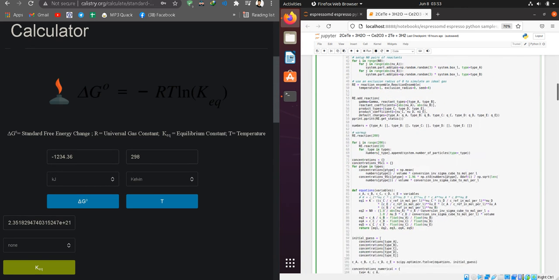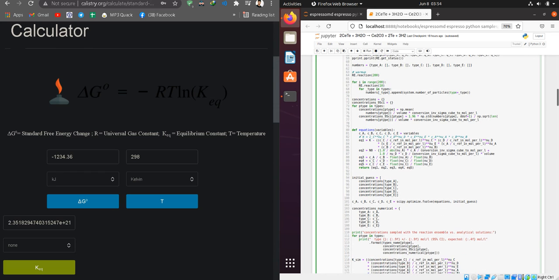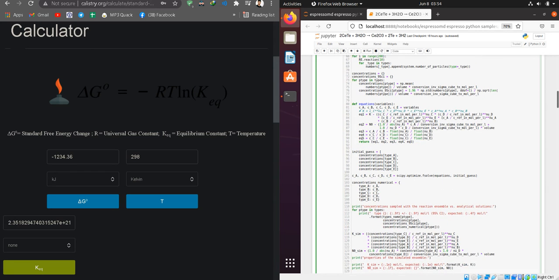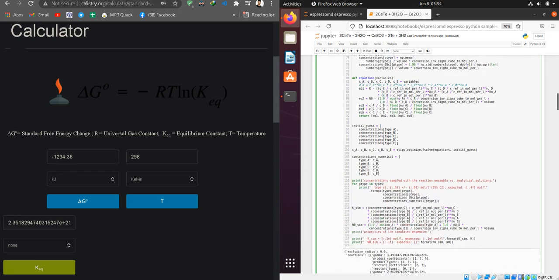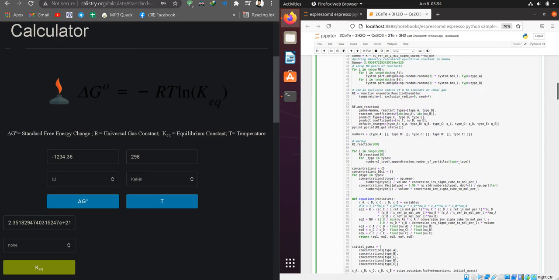Then I just put the value in and also included the charges here, like type A with charge QA, type B with charge QB, and so on, for reactant type A and type B.